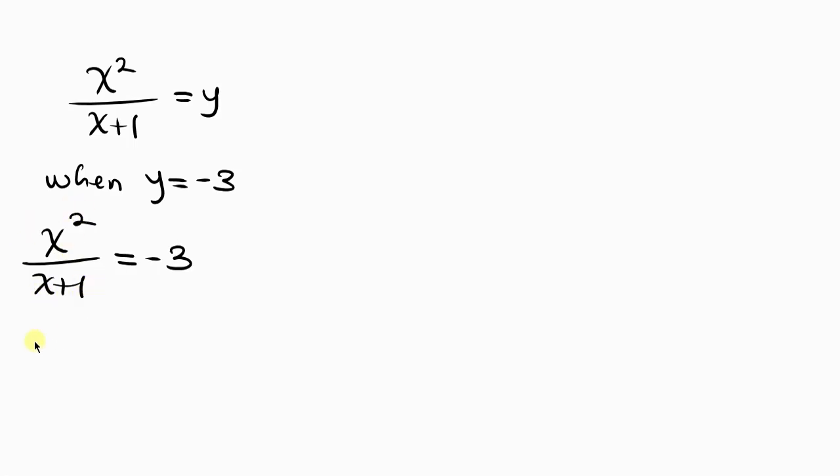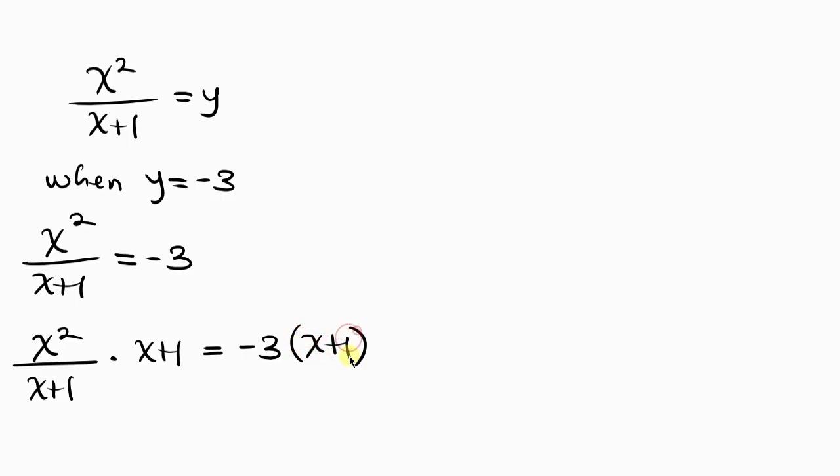So on the left we have x squared all over x plus 1 multiplied by x plus 1, equal to negative 3 on the right, which I'm also multiplying by x plus 1. Very good. Now notice that x plus 1 cancels out x plus 1, thereby eliminating the fraction. And we have x squared equal to negative 3 times x plus 1.